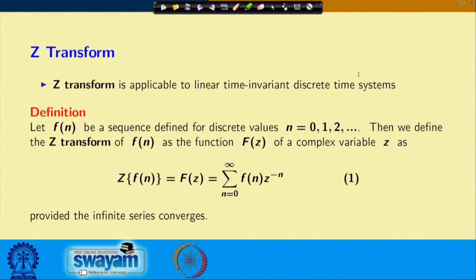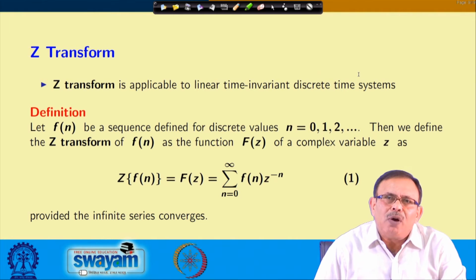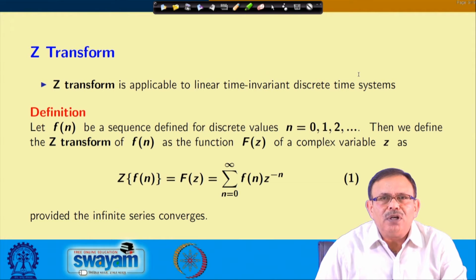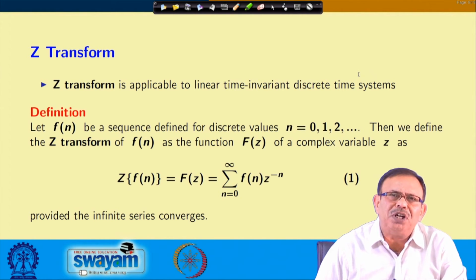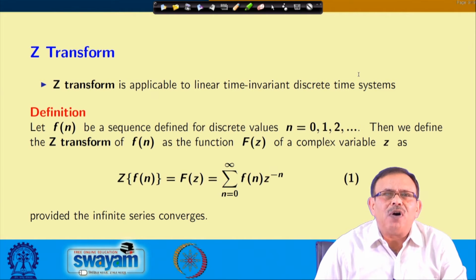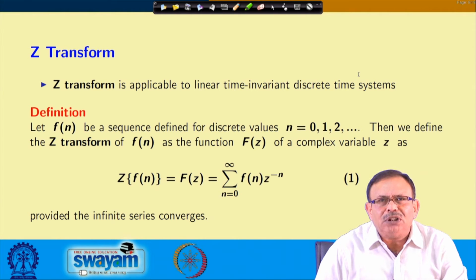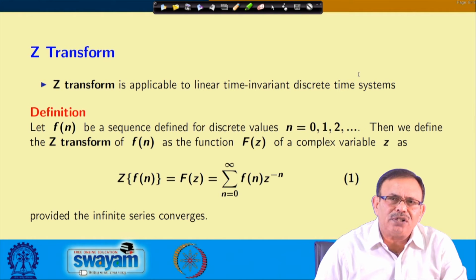Please note one thing here, that we have not shown how this particular Z transform arises. Just like for the Laplace transform and the Fourier transform, where we explicitly told how to derive the transform of a particular function. Due to scarcity of time, we are directly giving the definitions, and we will prove certain properties and see some examples.